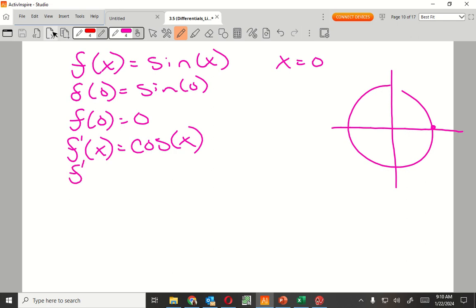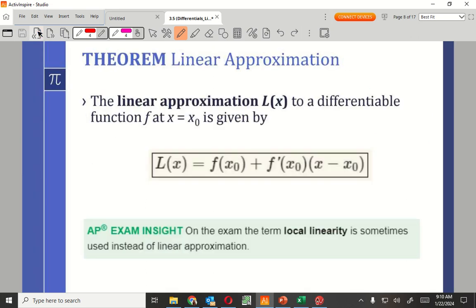So f prime at 0, what's it going to be? It is positive 1. Back it up again. Times x minus x sub naught.